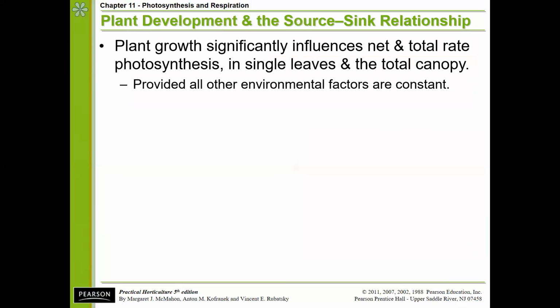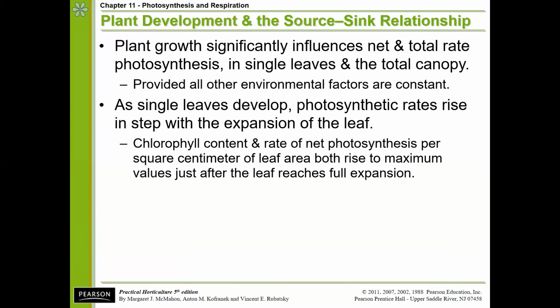It's funny because photosynthesis, of course, influences plant growth, but that occurs in conjunction with respiration. Plant growth influences the net and total rate of photosynthesis in leaves and the total canopy, as long as all the other environmental factors are constant.